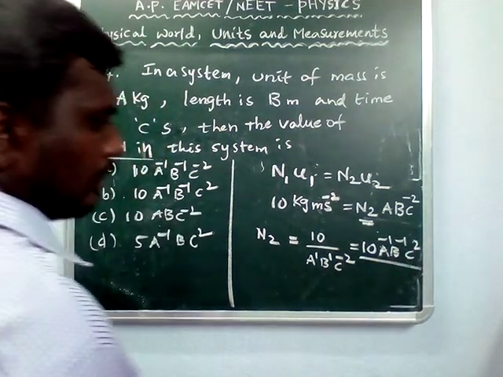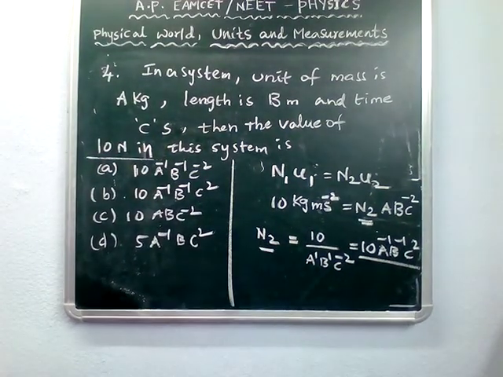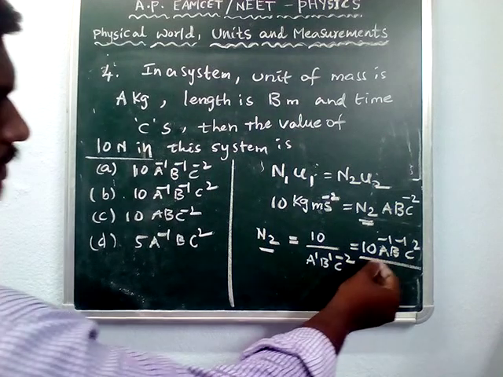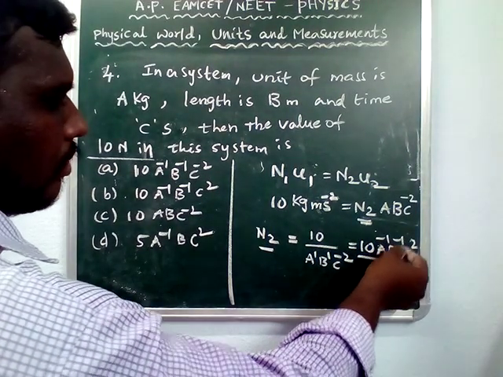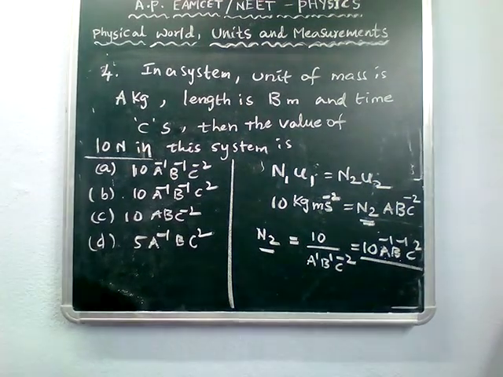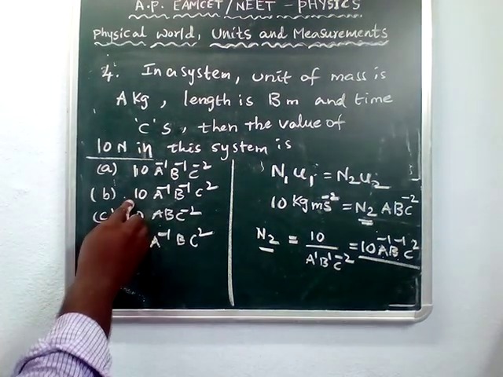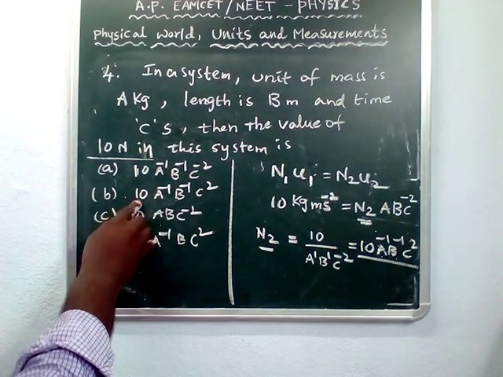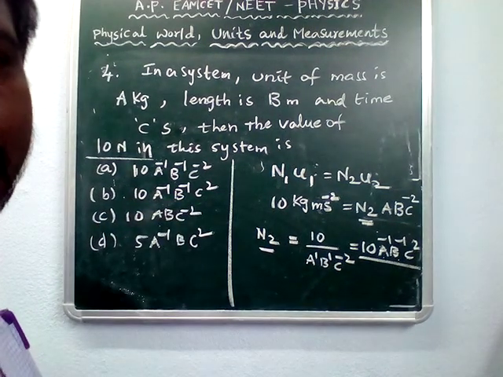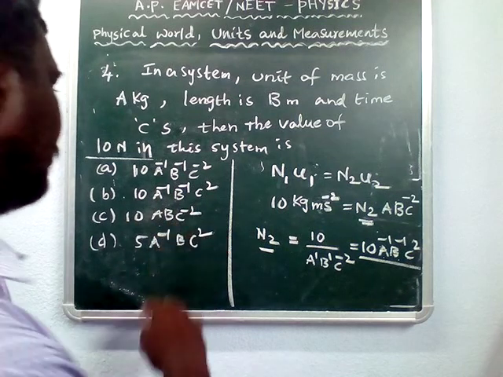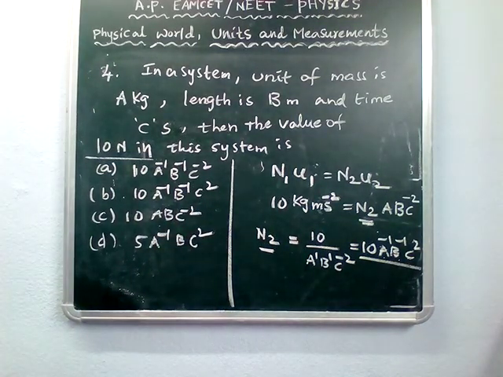So the numerical value of the new unit is represented as 10 a power minus 1, b power minus 1, c square. Which is the option? Option B matches: 10 a power minus 1, b power minus 1, c square is the correct option.